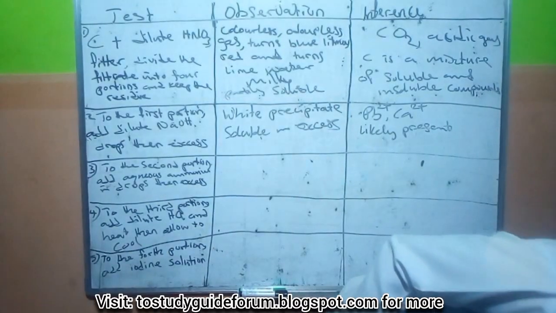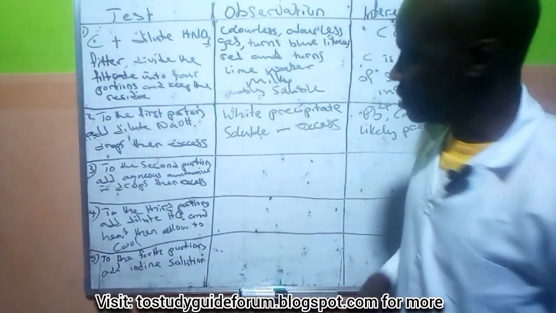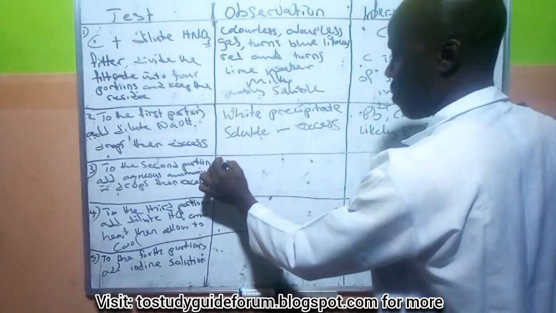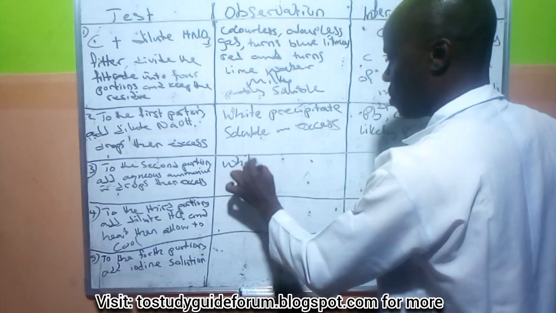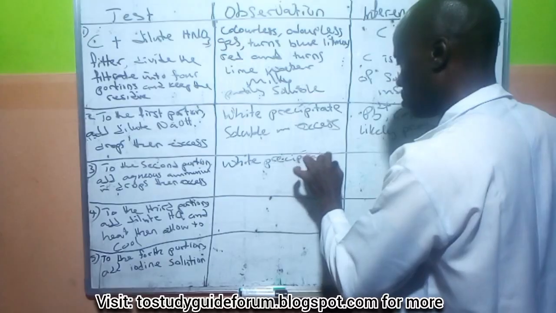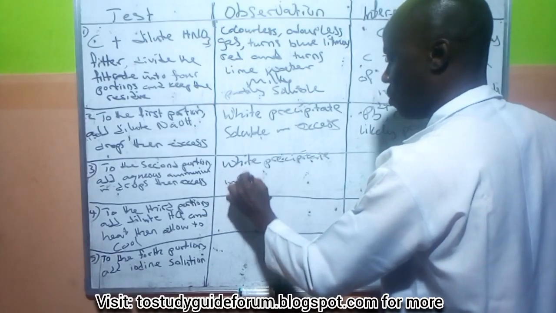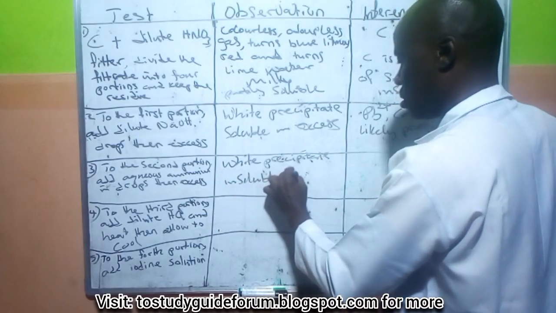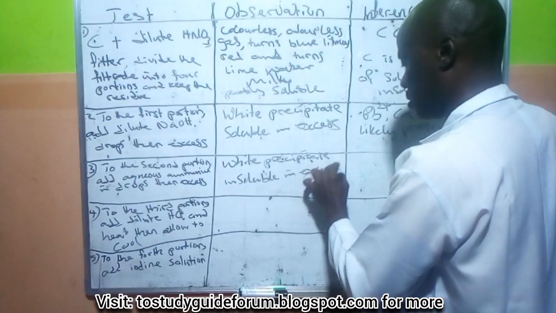For the fact that it's insoluble, it has already indicated the presence of what we have here: a white precipitate, insoluble in excess.